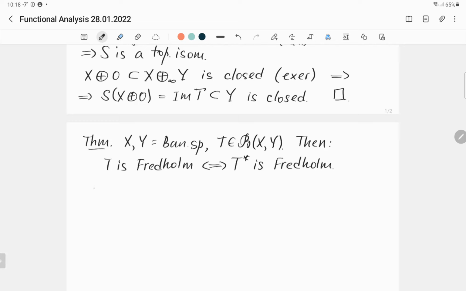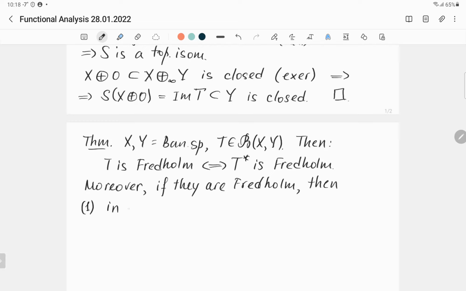And moreover, if they are Fredholm, then first of all, the index of T star is equal to minus the index of T. And second, the index of T can be calculated as follows.